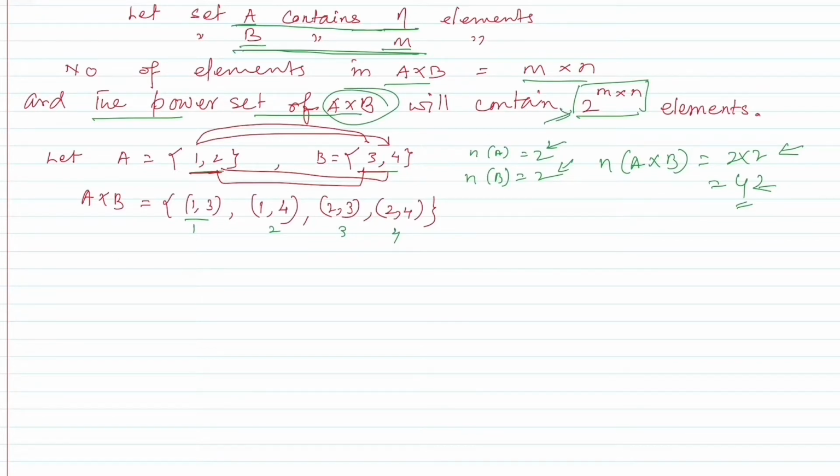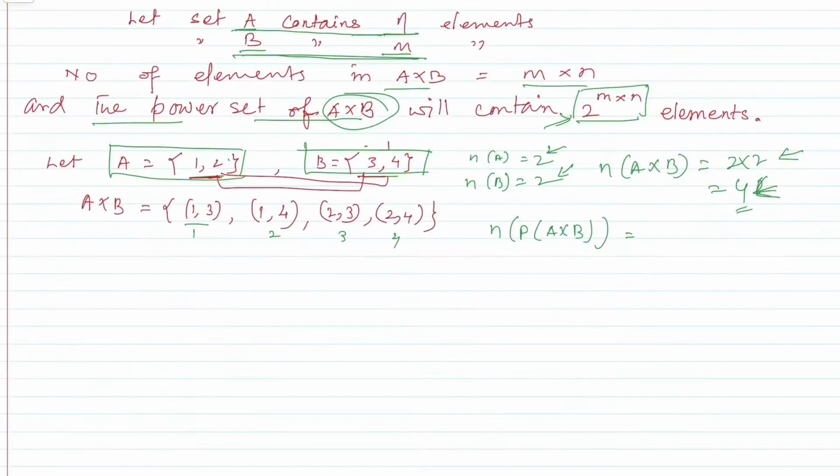According to that concept, since set A contains 2 elements and set B contains 2 elements, the power set of A cross B must contain 2 to the power 2 into 2, that's equal to 2 to the power 4, which is equal to 16 elements.